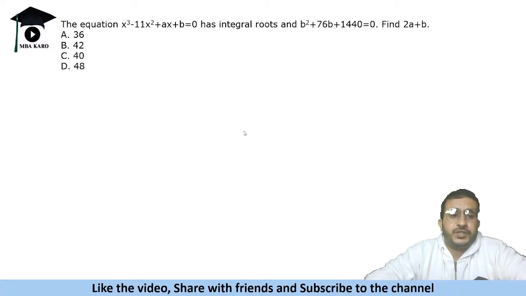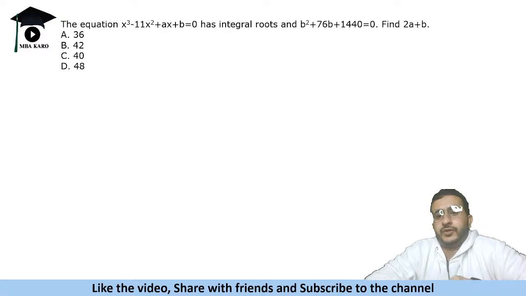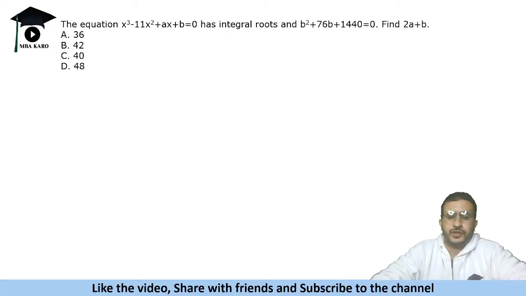It says the equation x cube minus 11x square plus ax plus b equal to 0 has integral roots and b square plus 76b plus 1440 equal to 0.